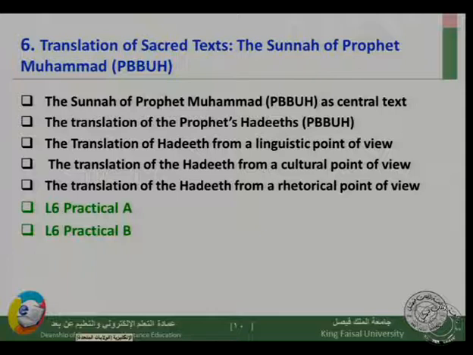And then lecture number 6, we talked about another type of sacred text translation, which was the Sunnah of the Prophet Muhammad sallallahu alaihi wasallam.